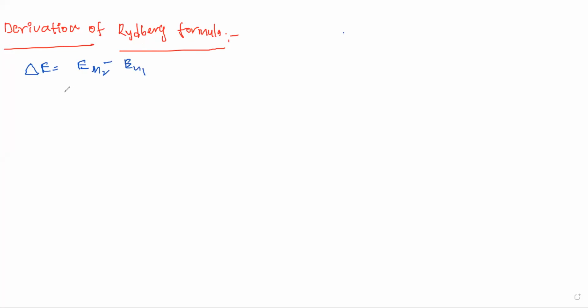There, En2 is the energy of the second orbit, the excited orbit, which is the energy of an electron: 2 pi square m k square z square e to the power of 4 by n2 square h square. This is the excited orbit.